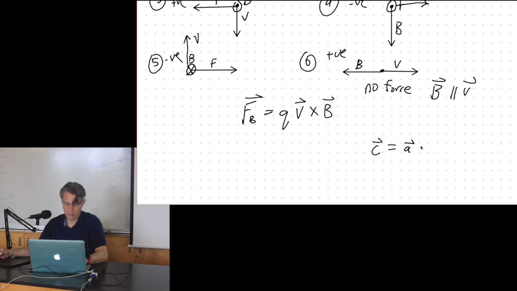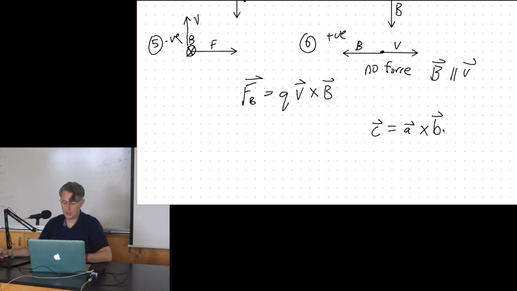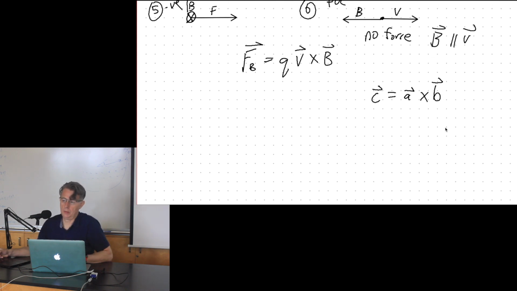A cross B. Okay? So if we imagine we had C is equal to A cross B, and we wanted to conceptualize or calculate what C was, and you're given A and B vectors. So imagine that you have two vectors, one and then two, like A and B. And they are here and there, yes?